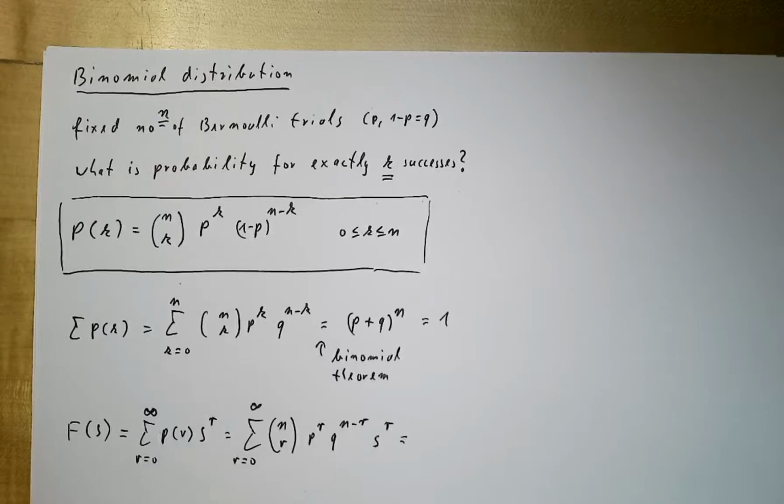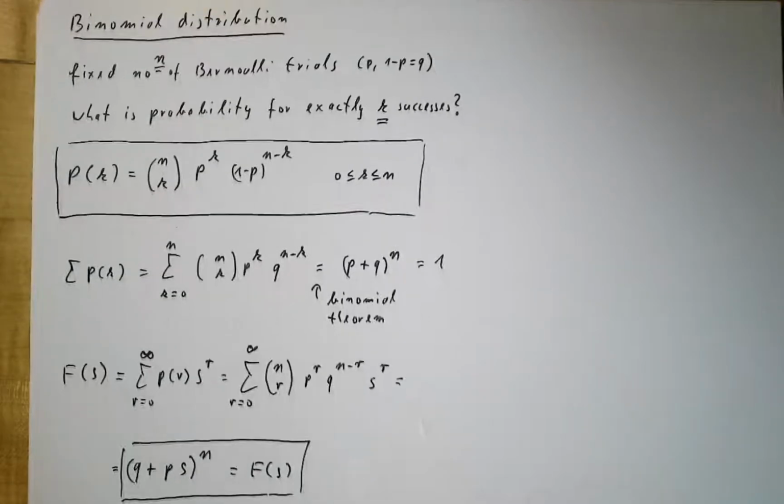This is q plus ps to the power n, if we just use the binomial theorem again. And this is the generating function of s.